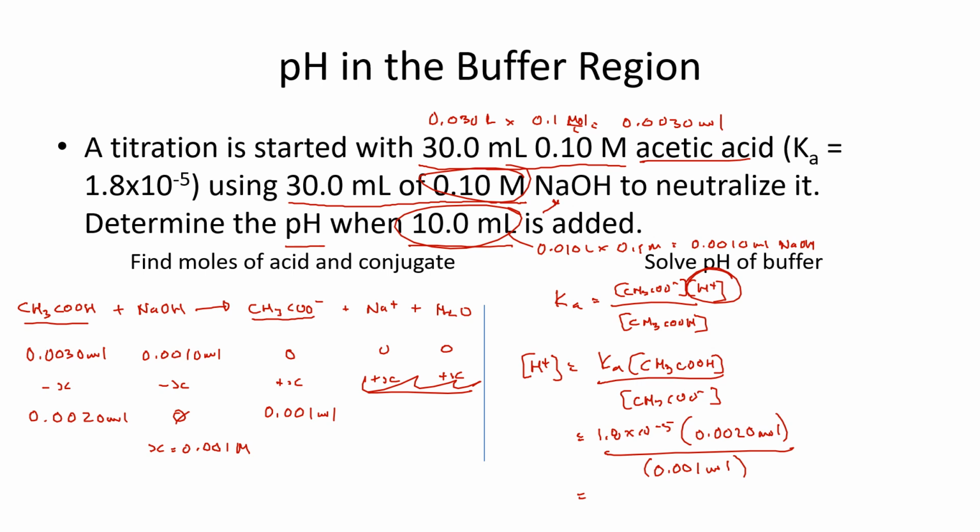So 1.8 times 10 to the negative 5 times 2, which is 3.6 times 10 to the negative 5 moles per liter for H+. And then, of course, our pH is the negative log of that, which turns out to be 4.4. Yay, we did it.